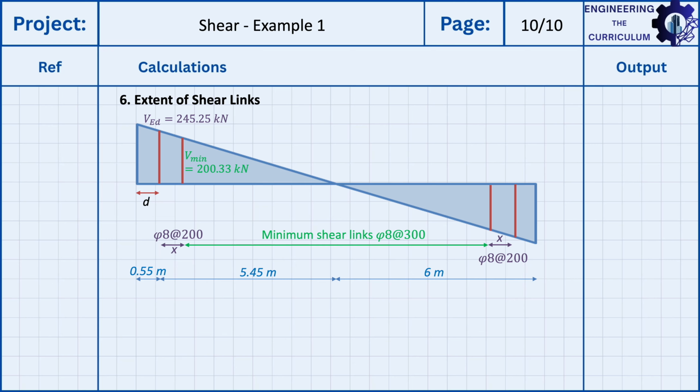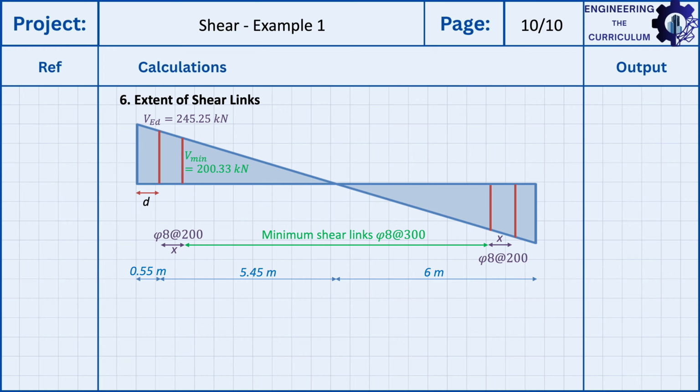And between that 245.25 and the minimum shear link resistance of 200.33 kilonewtons, in that distance there, I'm going to provide a diameter of 8 every 200. But once I am under that 200.33, I can just provide my minimum shear links of a diameter of 8 every 300. I've drawn it out in this little sketch to kind of make it obvious what I need to calculate here.